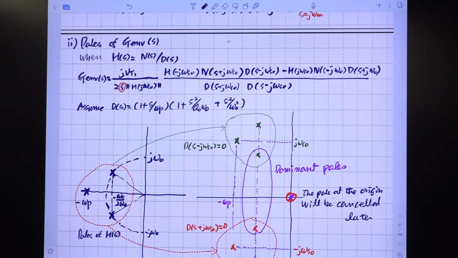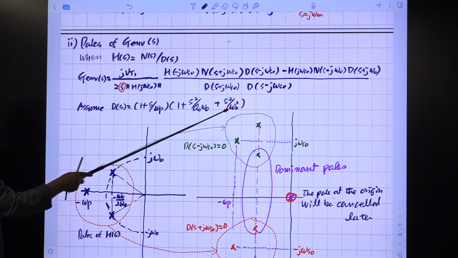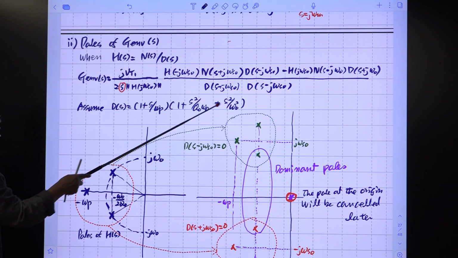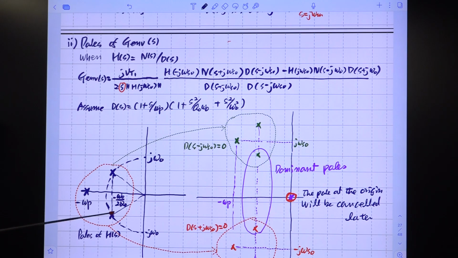Assume the denominator of the tank transfer function is this. We have this quadratic function, and one additional pole, right? If you place the poles on this complex axis, where s is j omega s, the switching frequency, two poles come here, one here and another one here. This is the standard quadratic function, and the roots of it equal zero: one is here and another one is here.